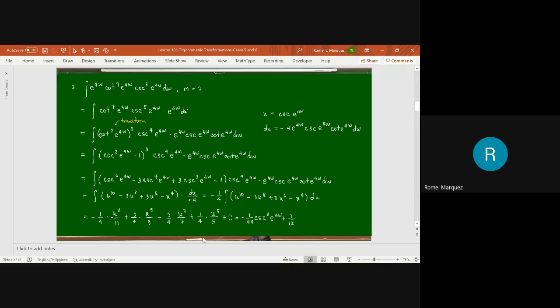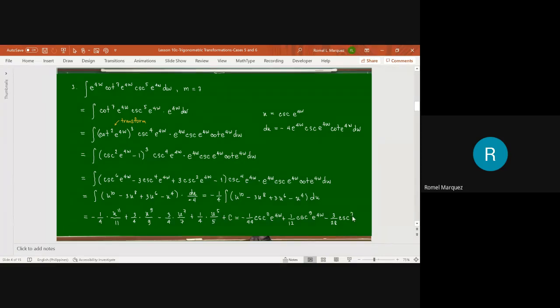Am I correct? 3 is cancelled out with a factor 3 from 9. So there's a remaining 3 times 4, 12. Cosecant to the 9th of e to the 4w minus 3 over 28. 4 times 7 is 28. Cosecant of what?